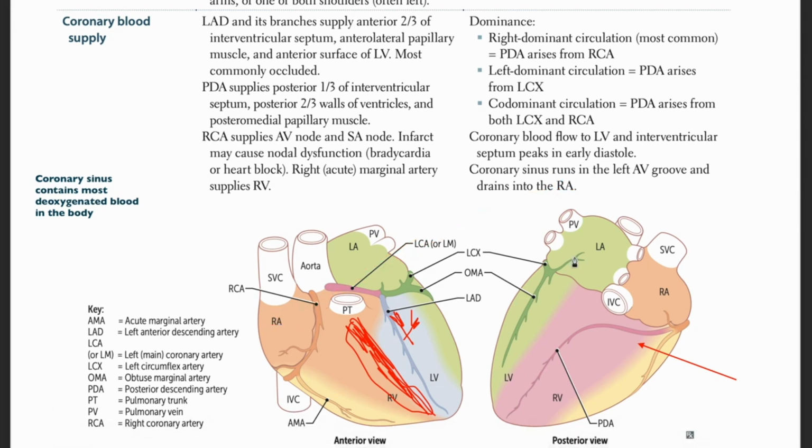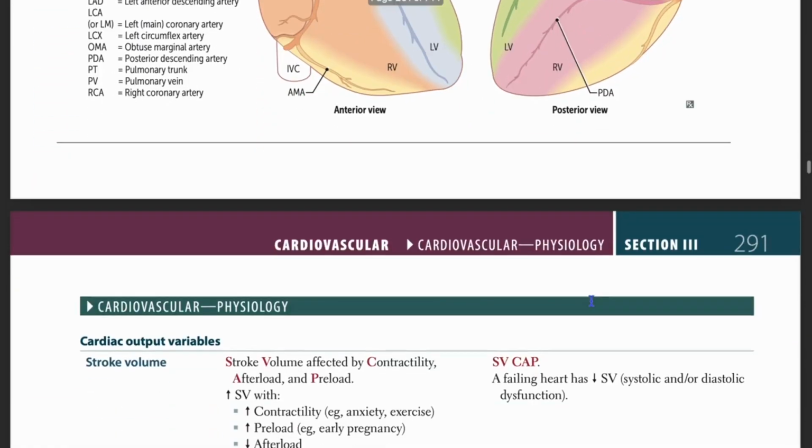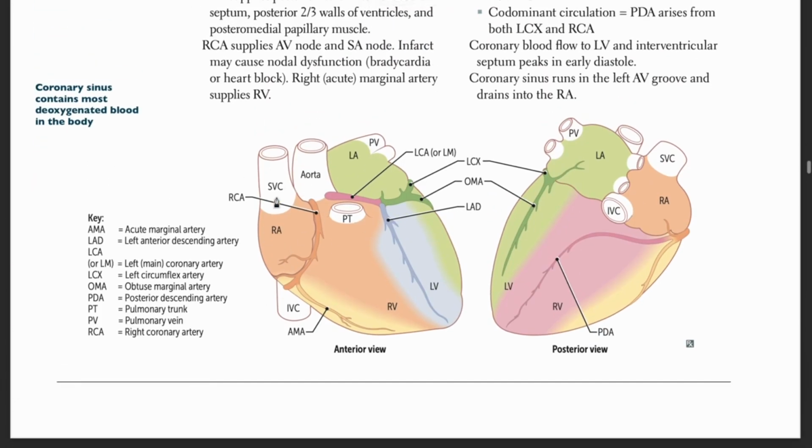Okay, so let's get rid of all of this. So remember, right atrium has the right coronary artery, left atrium has the left coronary artery. Right coronary artery goes into the back and then turns into posterior descending artery.